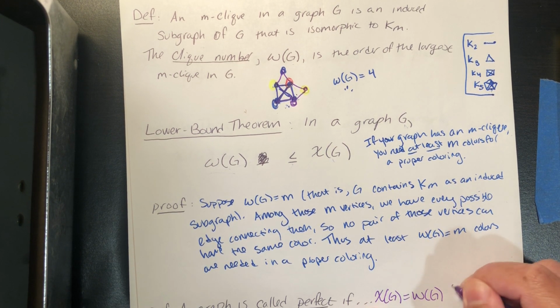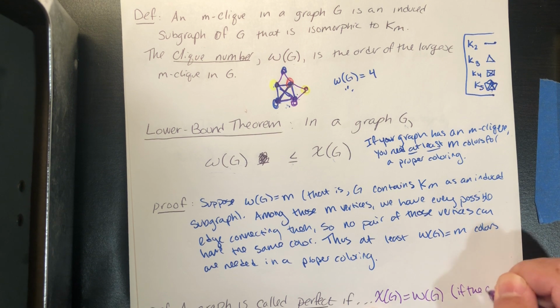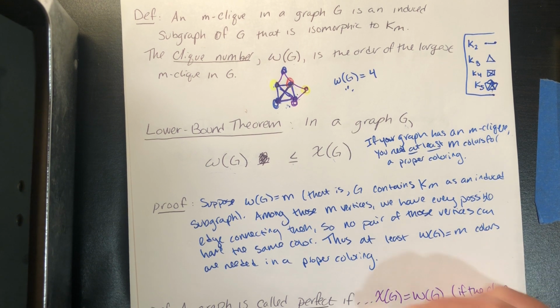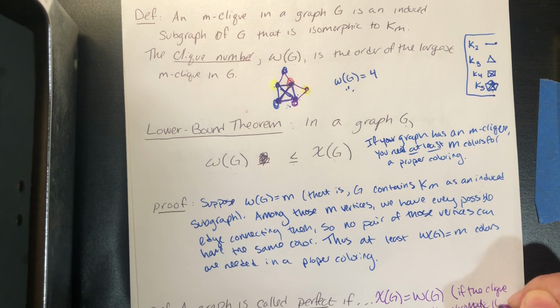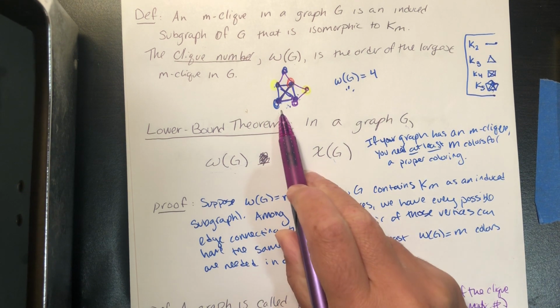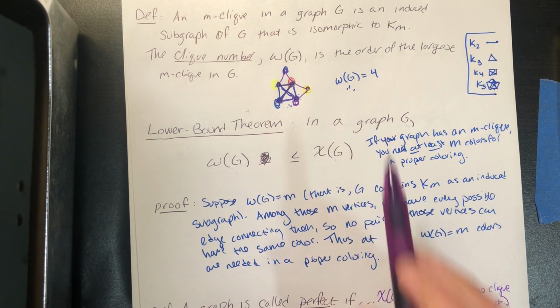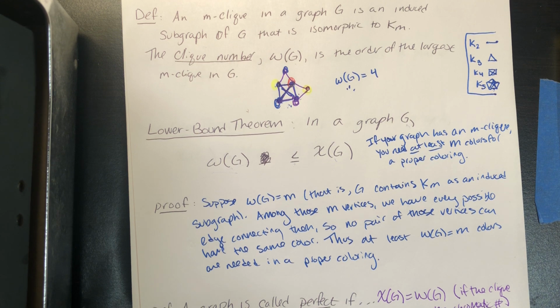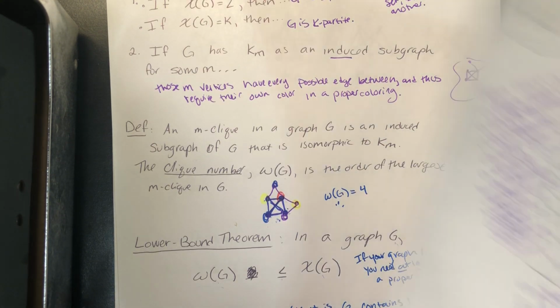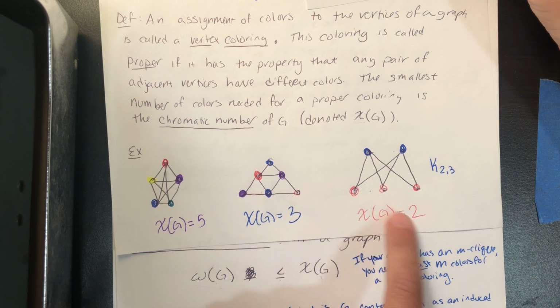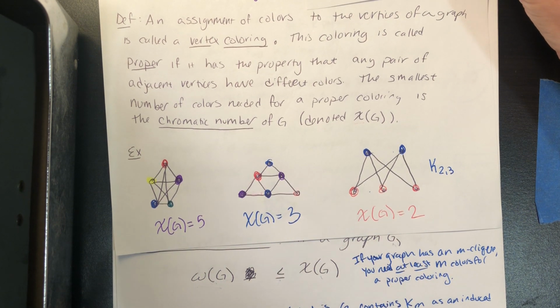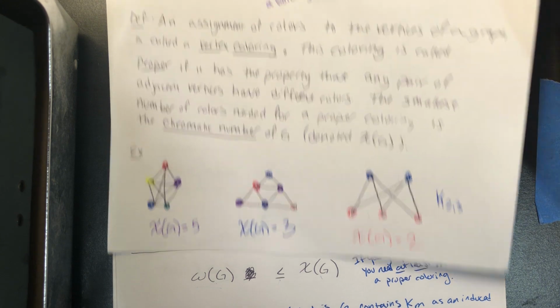That is to say, if the clique number is equal to the chromatic number. So this graph here is perfect because its clique number was 4 and its chromatic number was 4. These 3 graphs we did in the last video, also perfect because their clique numbers were 5, 3, and 2 respectively, and their chromatic numbers were 5, 3, and 2.